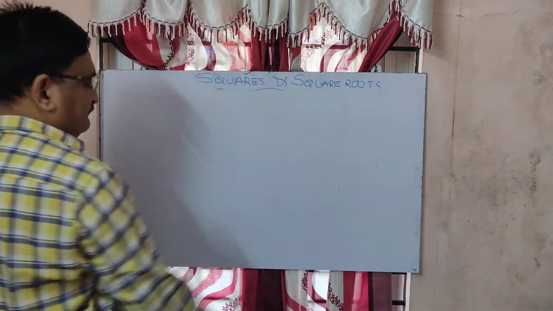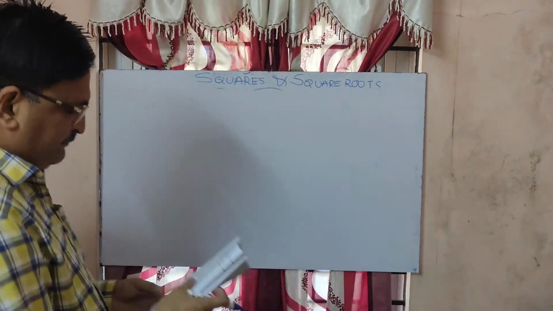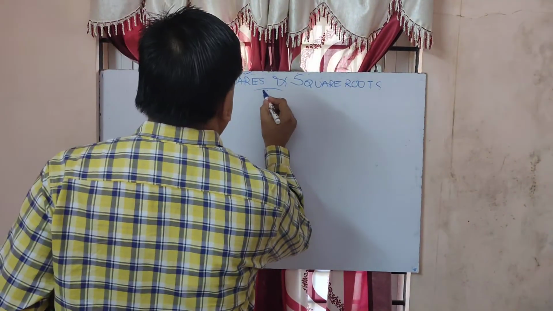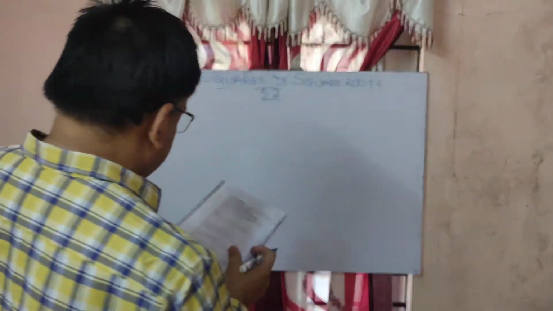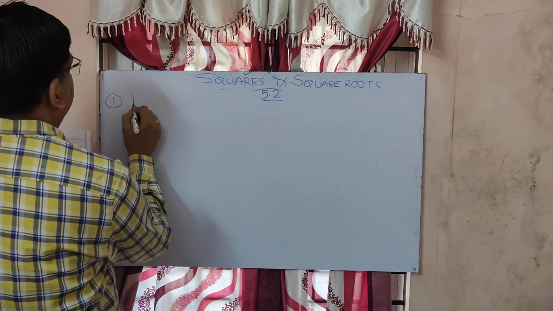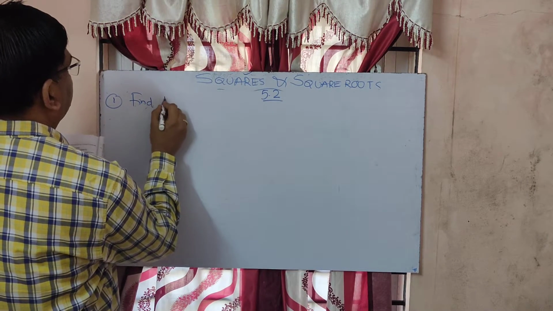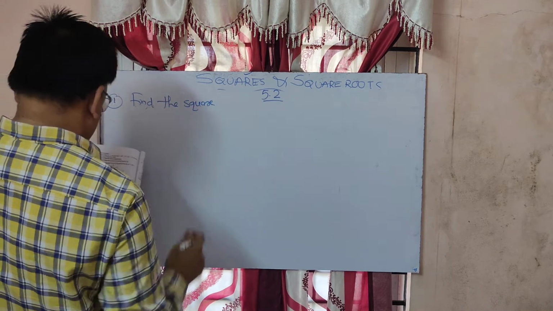Okay, now exercise 5.2. Find the square of the following numbers. Question number 1. Find the square of the following numbers.